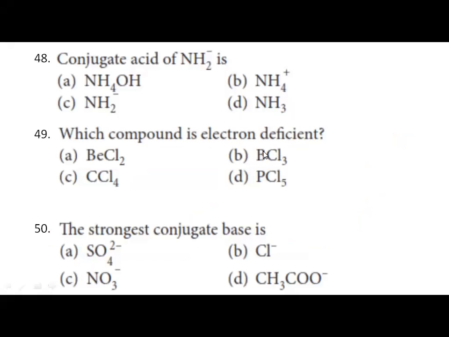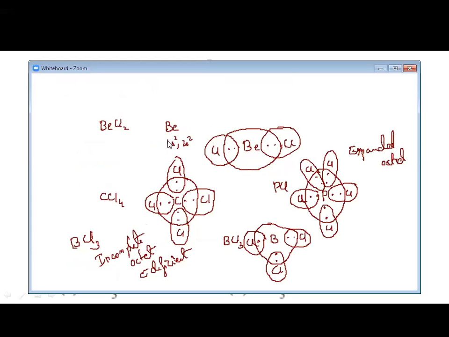Next question: the strongest conjugate base is SO4 2 minus, Cl minus, NO3 minus, or CH3COO minus. Whenever we write an acid and its conjugate base, the weaker the acid, the stronger its conjugate base will be.